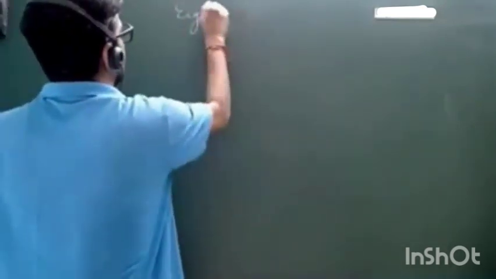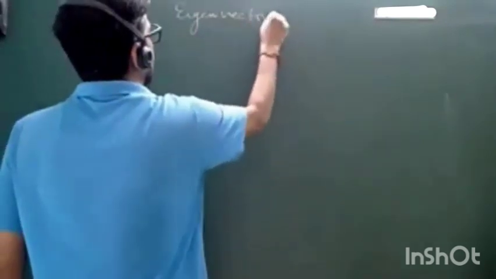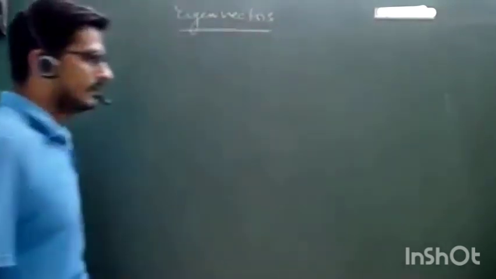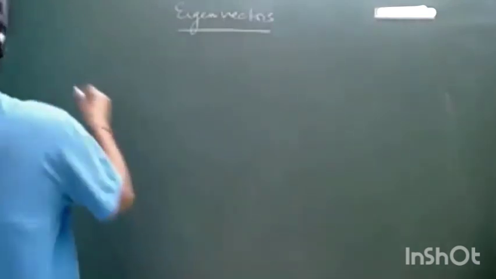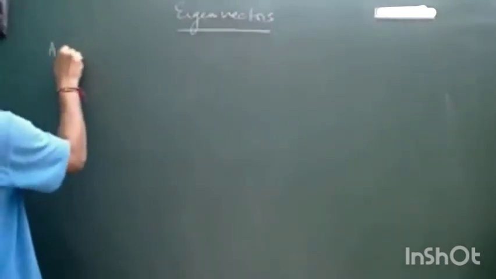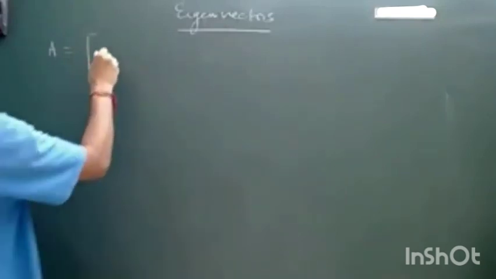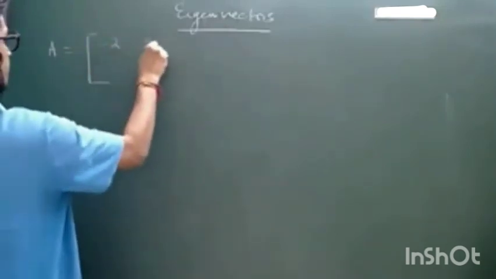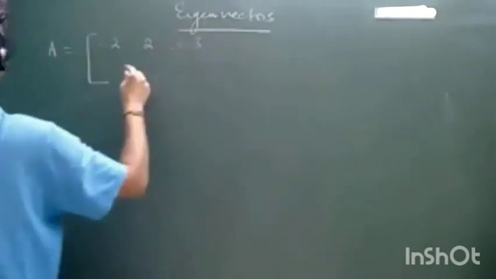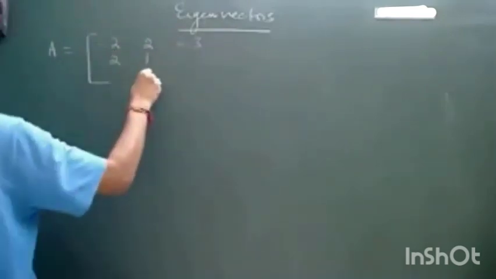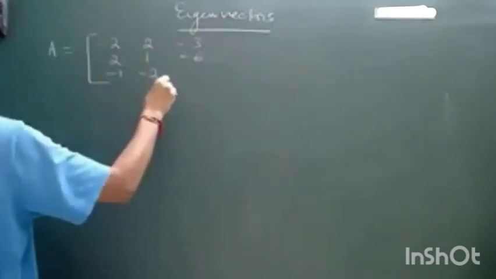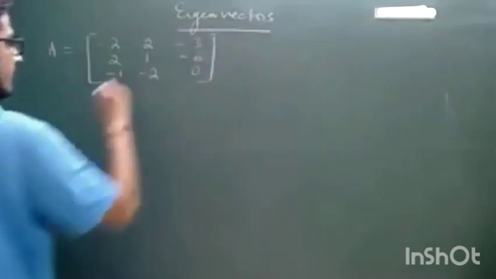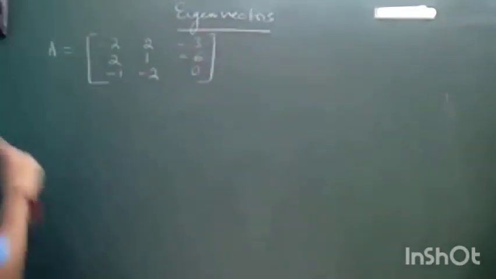Yesterday I was discussing eigenvectors with you, if you remember. A matrix like this was there: A equals [-2, 2, -3; 2, 1, -6; -1, -2, 0].